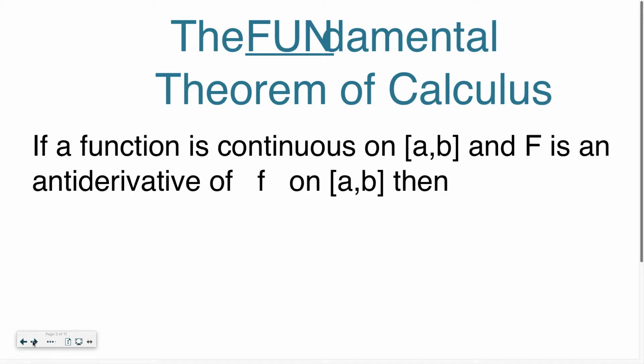is this. Go ahead and write this down. If a function is continuous on a to b, and F is an antiderivative of f on a to b, just write it down so you know the background of it.